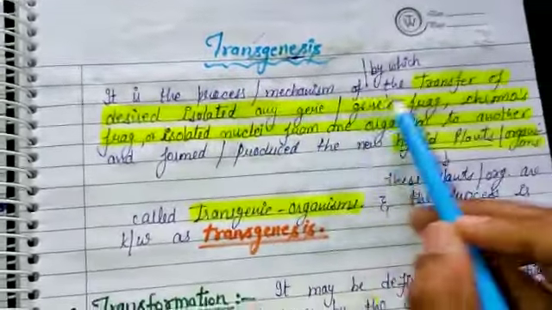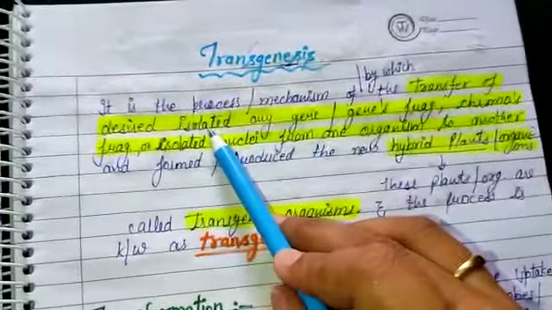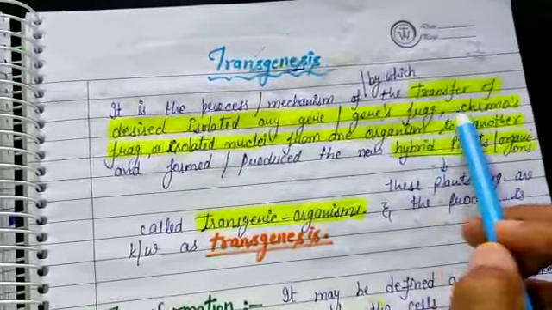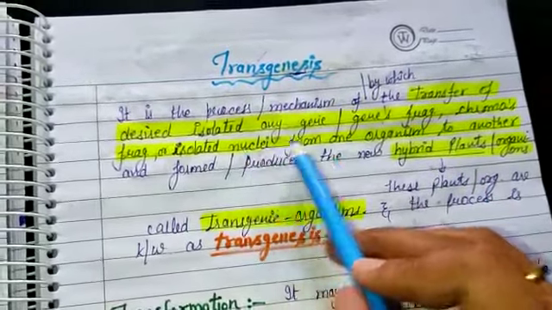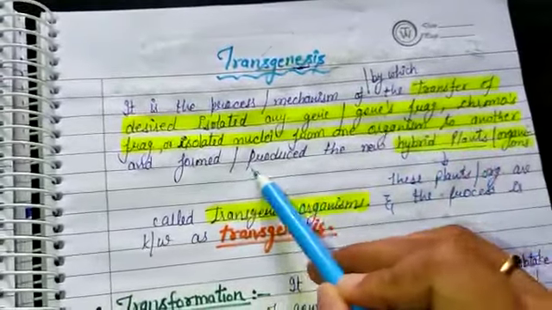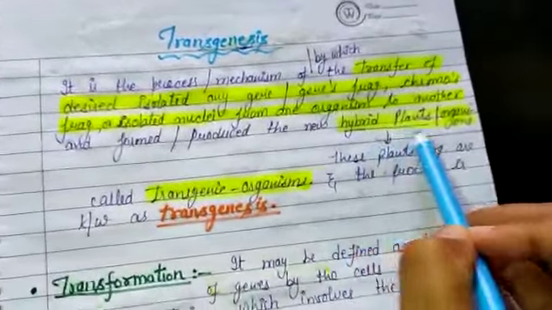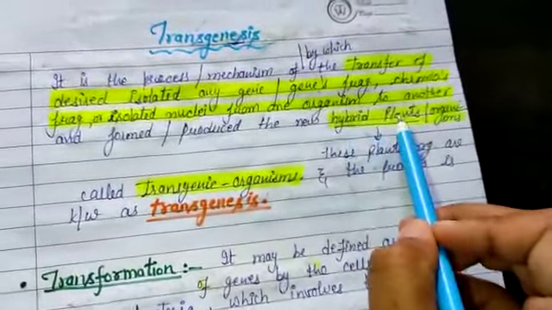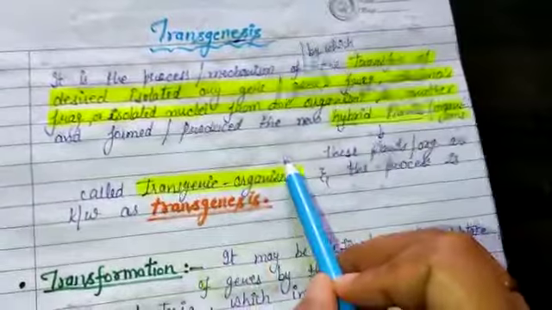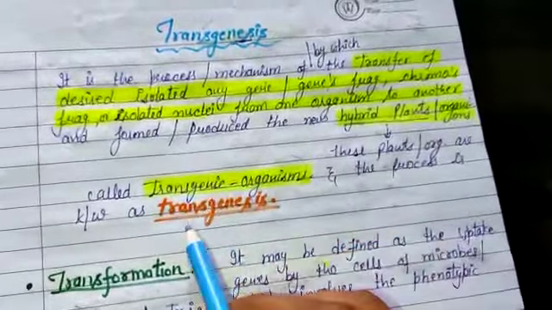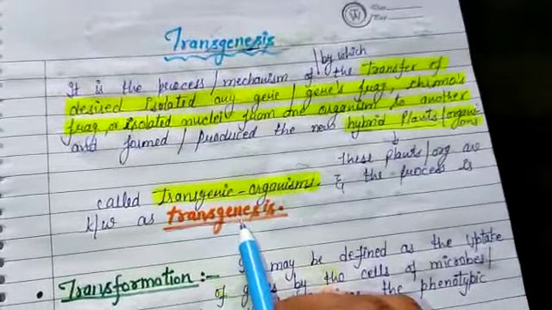So it is the process by which the transfer of a desired isolated gene or gene fragment, any chromosomal fragment or isolated nuclei, from one organism to another organism produces the new hybrid plant or organism. This hybrid organism is also called a transgenic organism, and the process by which these organisms are produced is known as transgenesis.